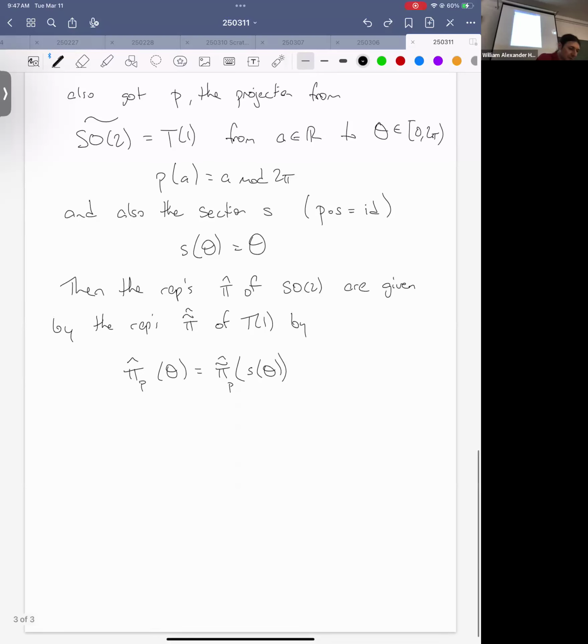So for example, if I am looking at pi of S, this is SO3, which is given by, I need some n hat and theta. This is given by the representations classified again by S of SU2, again of the n hat and theta, where really what I'm doing is looking at the section n hat theta, where this section S of n hat theta is just n hat theta.